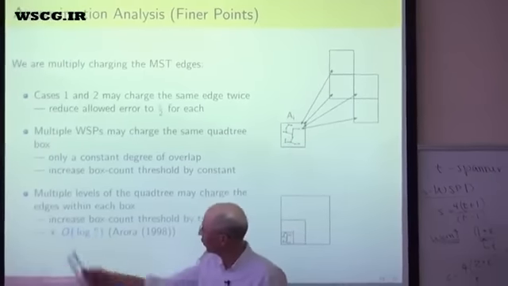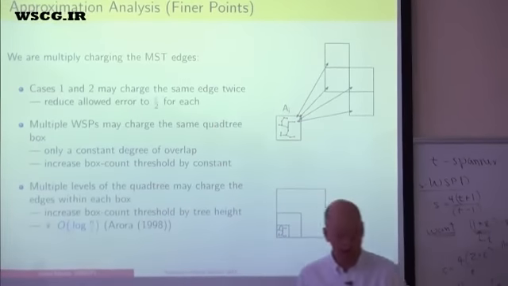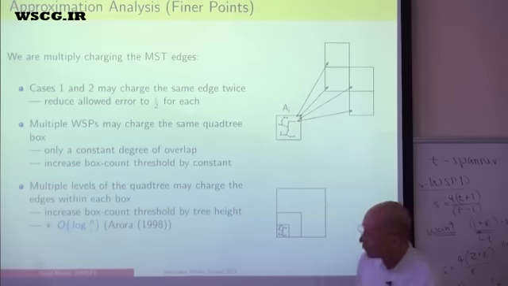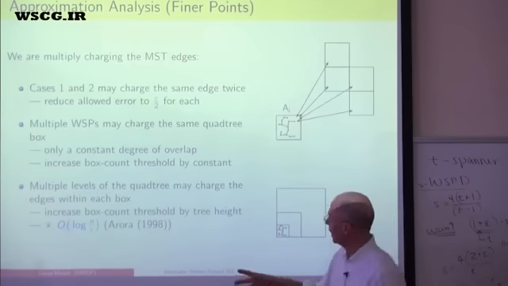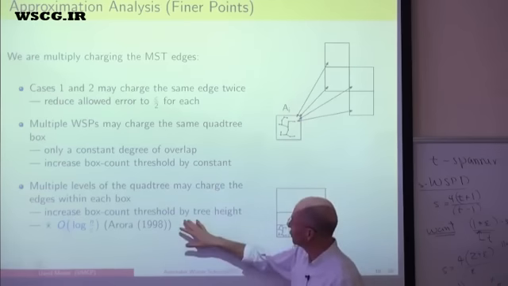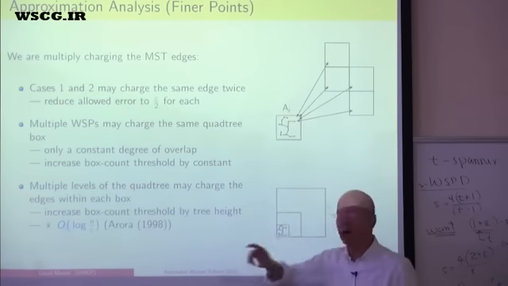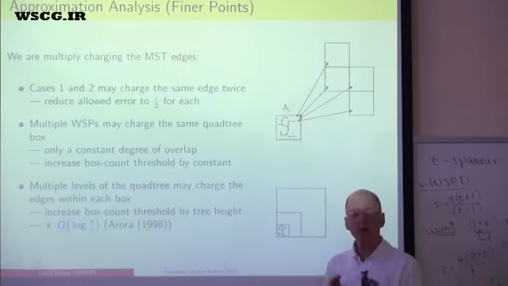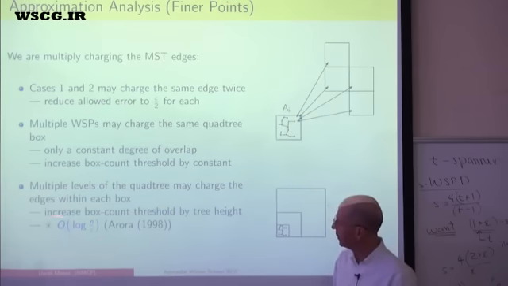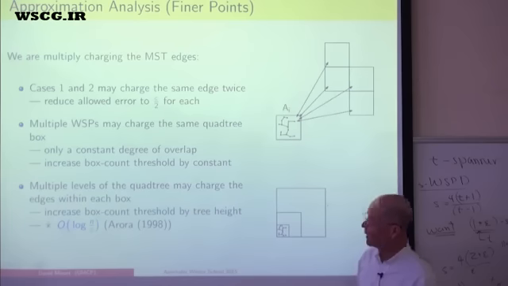I have to think about how many levels I could have within my tree. So the first thing you have to do is fudge that constant I was talking about before, and it's no longer actually going to be a constant. It's going to depend logarithmically on n and epsilon.